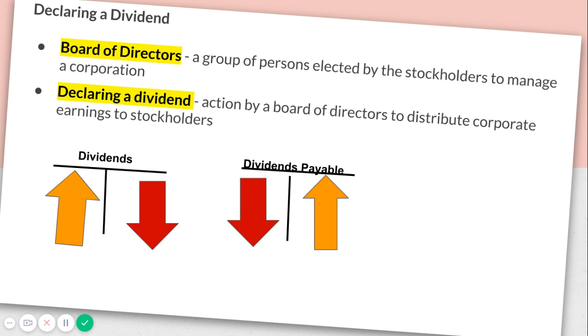The board of directors, a group of persons elected by stockholders who manage a corporation, have the right to declare a dividend, which is action by a board of directors to distribute corporate earnings to stockholders. So in our T accounts, dividends increases on the debit, decreases on the credit, and then dividends payable. Yep, it has payable. That means it's a liability, so it increases on the credit side.